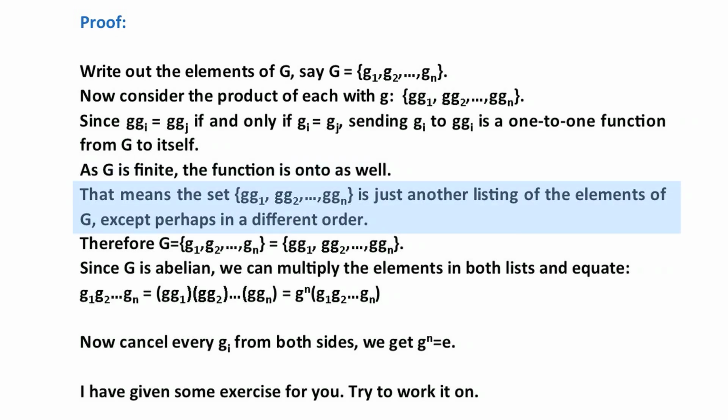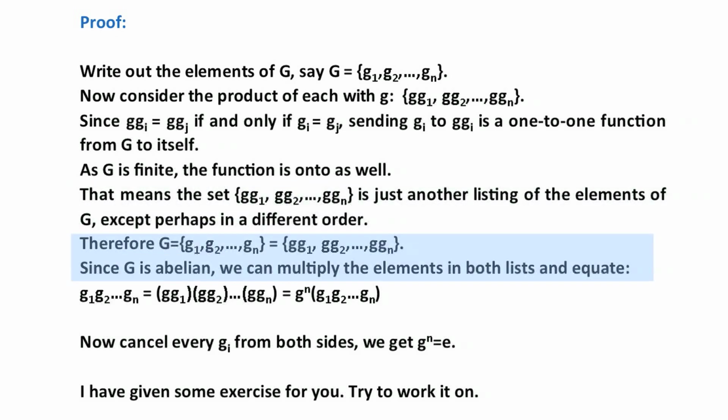That means the set gg1, gg2 up to ggn is just another listing of the elements of G, except perhaps in a different order. Therefore, the product of the elements of G is g1, g2 and so on up to gn, which is equivalent to gg1, gg2 and so on to ggn.